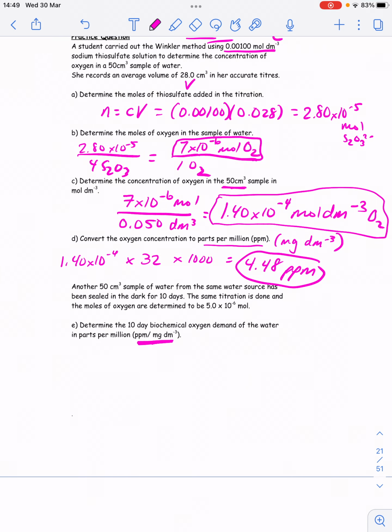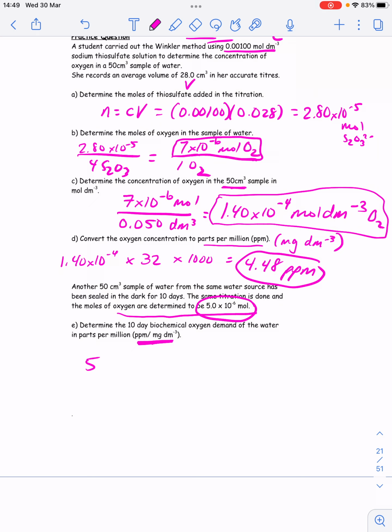The final question says determine the biochemical oxygen demand over the 10 days. It tells you that after 10 days they titrated and determined that there were only this many moles of oxygen remaining. So you can do it different ways. You can take this value of moles, convert that into a mole per dm cubed and then a parts per million and subtract. That's fine, we can do it that way.